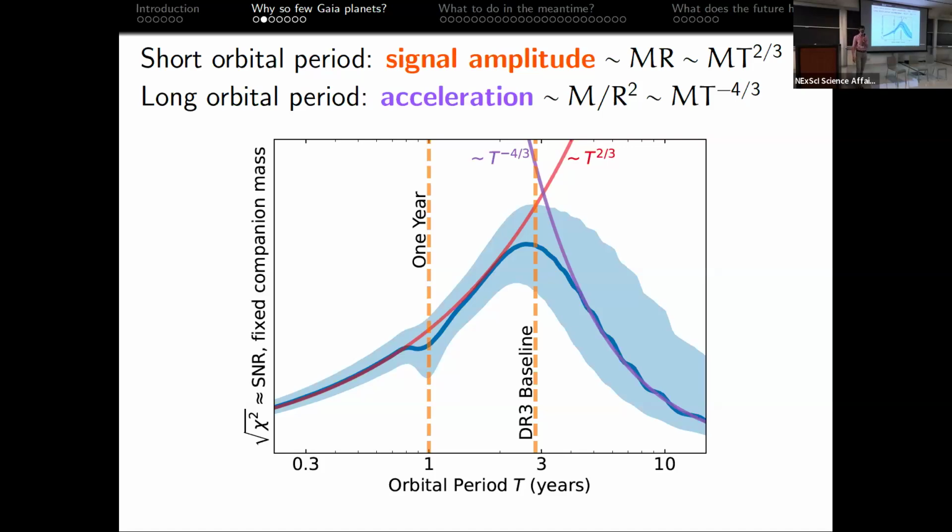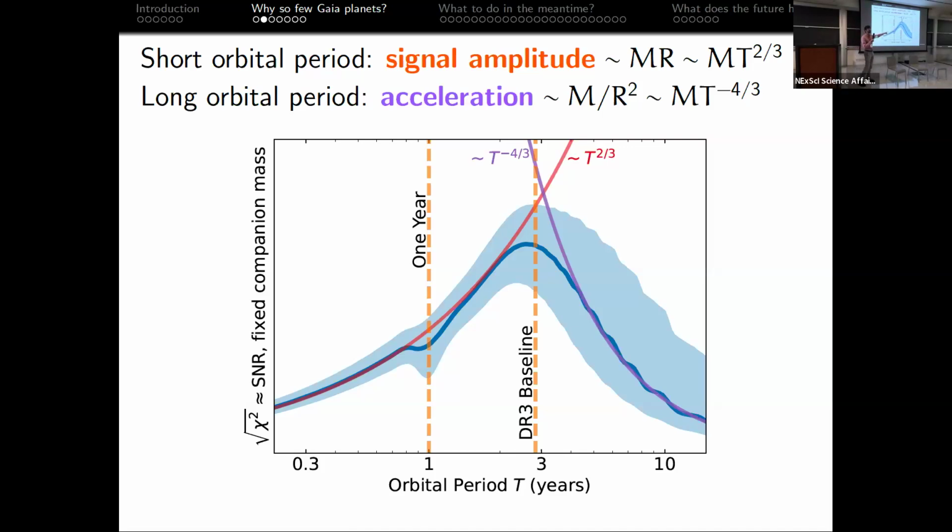And so then I'm just going to go to Newton's law of gravity, GM over r squared, and that's going to set my sensitivity. And so then I end up, again, using Kepler's third law to turn a separation into a period, more or less. I get T to the minus 4/3. So I get two very different scalings for something close in and something far out.